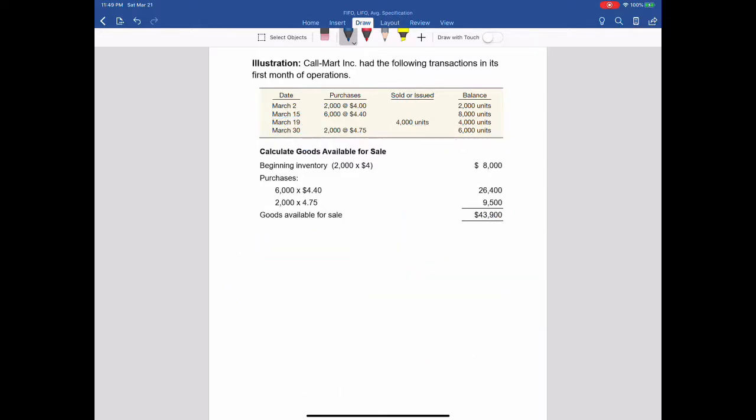The first assumption is specific identification. This assumption applies to industries or firms that produce or sell personalized products, for example, jewelries, housing, because each product can be differentiated from each other.